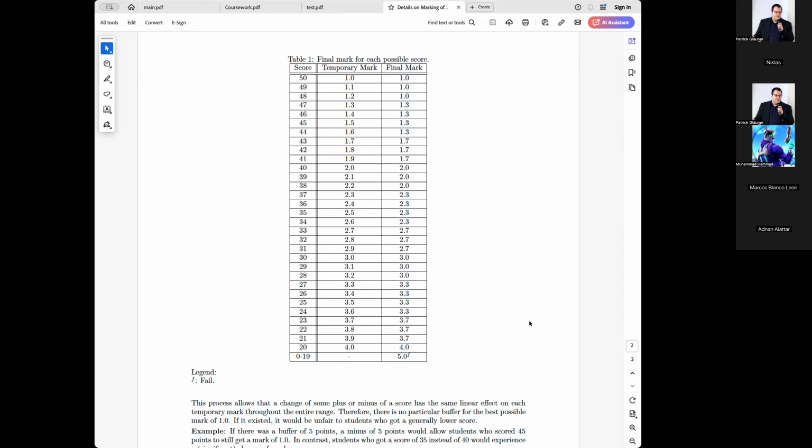And one thing is important: the exam bonus will not lift you out of the failing range. So if you score 18 points, the bonus will not help you. The bonus will only help you improve your mark once you have passed. But you need at least 20 points out of 50, so 40%, to pass. And then the bonus applies if you have done the bonus.